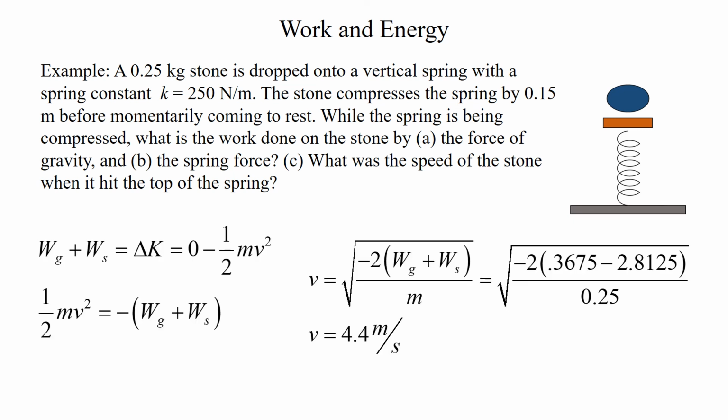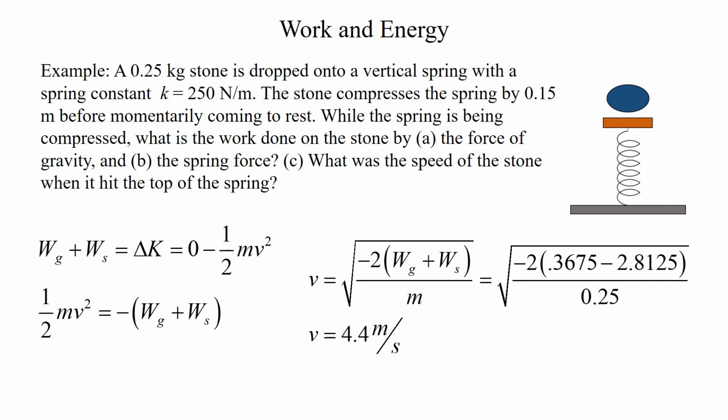All right, so finally part C, what was the speed of the stone when it hit the top of the spring? Well, we know that the net work equals the change in the kinetic energy. The final kinetic energy, of course, is 0 since it came to rest. And so we can get the speed when it hit the top of the spring from the kinetic energy, 1/2 mv squared. So applying the work-energy theorem, we have the work done by gravity plus the work done by the spring equals the final kinetic energy 0 minus the initial 1/2 mv squared.